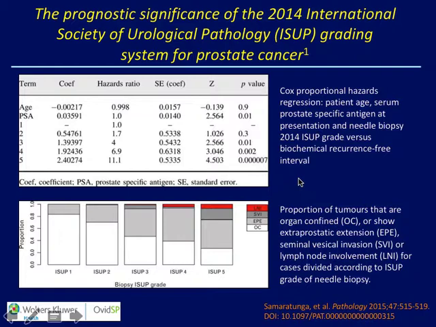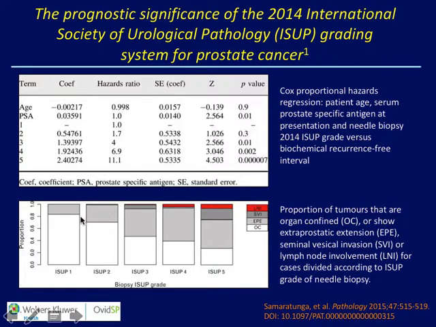This is a multi-institutional study by groups in Europe and Australia. You can see the ISUP groupings, prognostic grade group 1 all the way to 5, scored on biopsy, with the results of the pathology at prostatectomy.